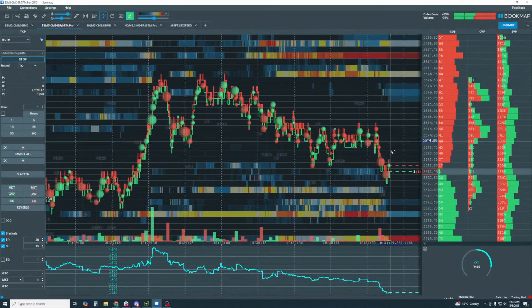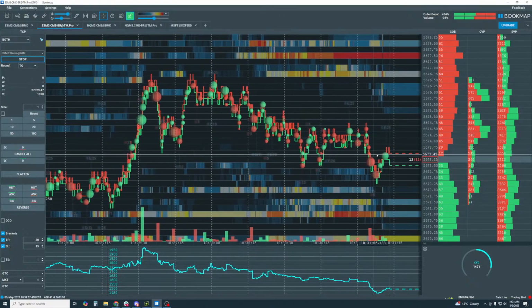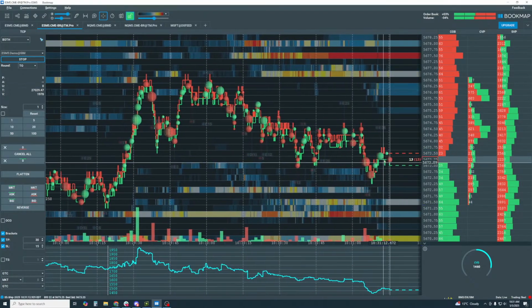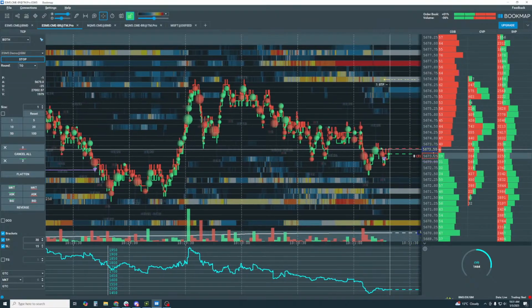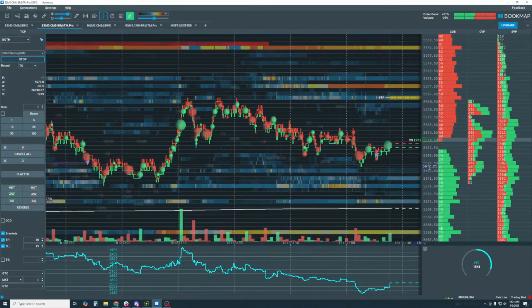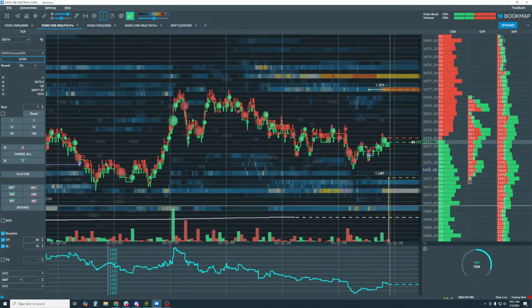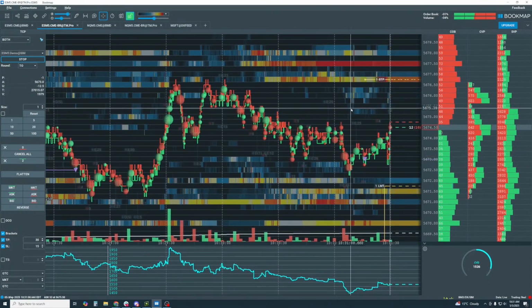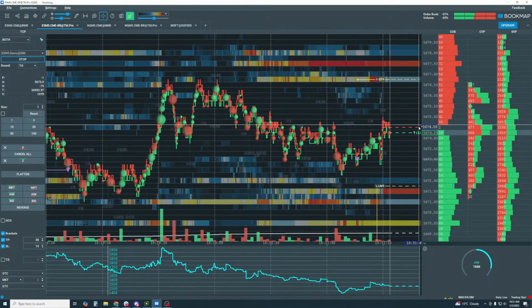We're looking for the impulse move first and then the pullback. So that's looking a little bit better. Let's take a shot at it here. We're not looking for much, just maybe the bottom of the range here, and the liquidity right here.